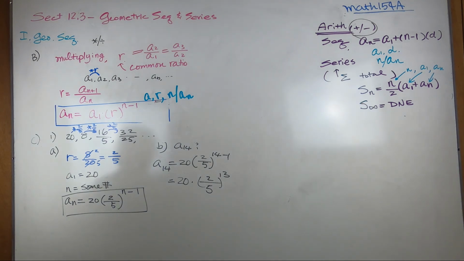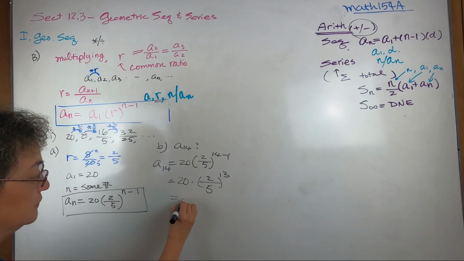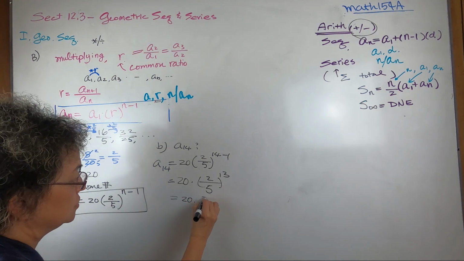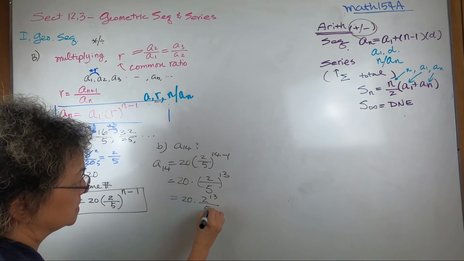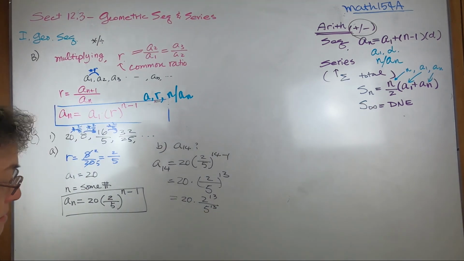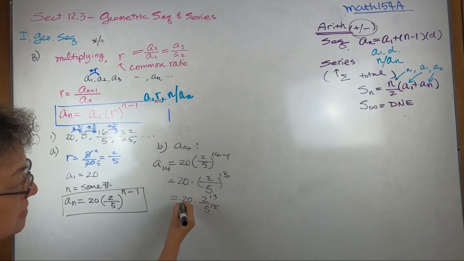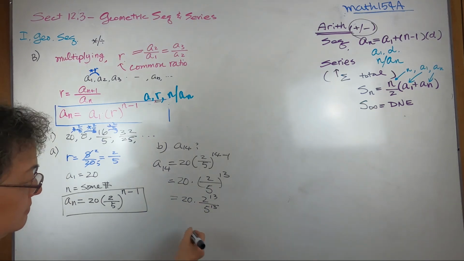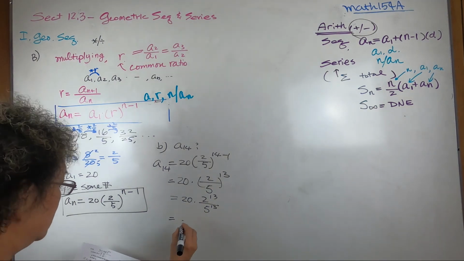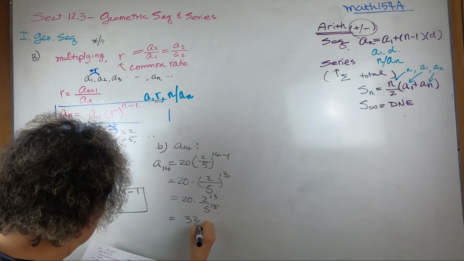All right, so what do we have? We have 20, then you can just separate them, things like this. Okay, then you cross cancel. After you have whatever number you have, you should have this number.